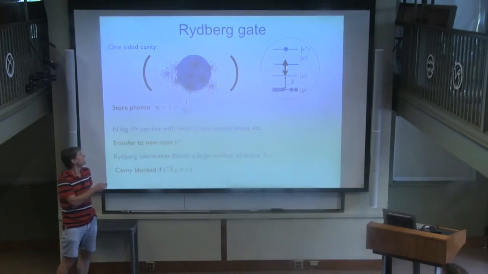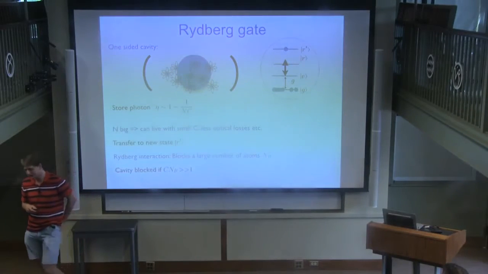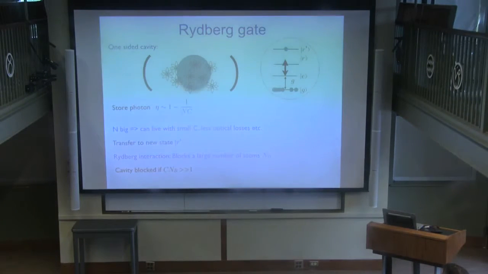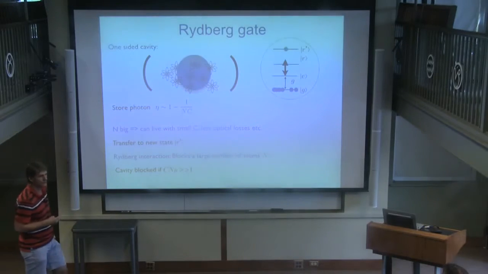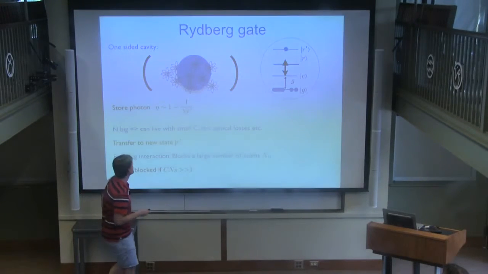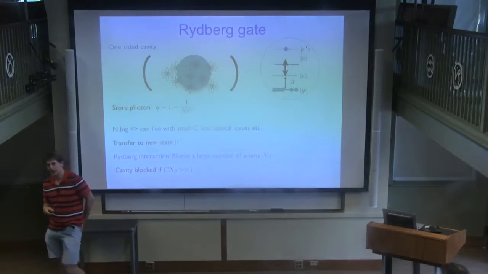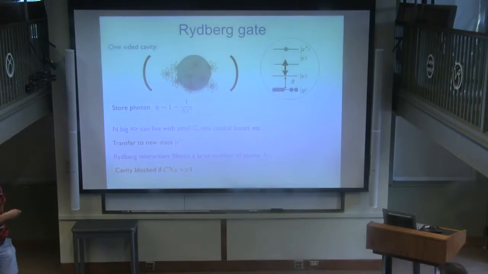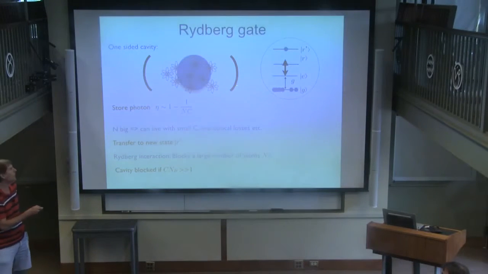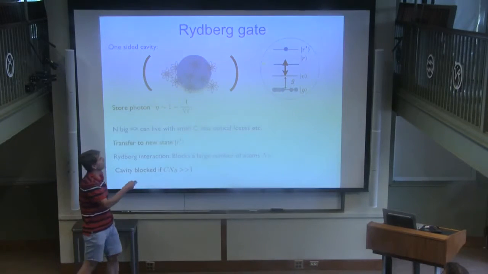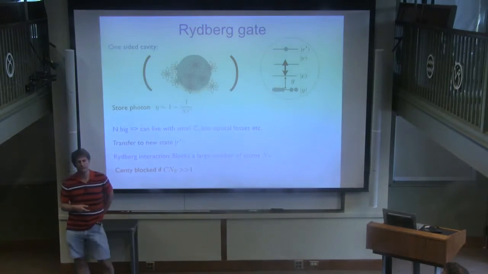All right. So now the important point is that everything I did before, it was always the cooperativity of the single atom which matters. Now what begins to matter is the cooperativity of all the atoms being blocked. Because all of those atoms being blocked are now essentially a two-level system.